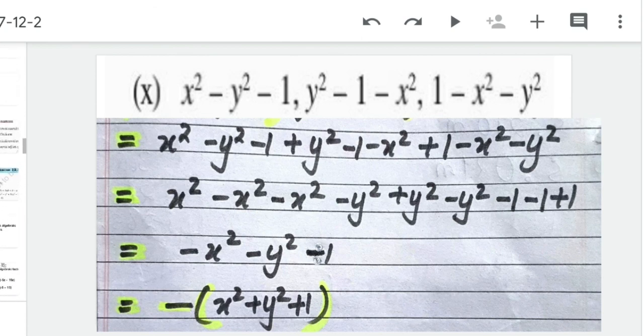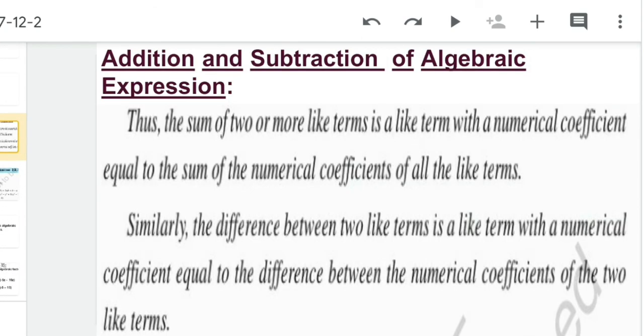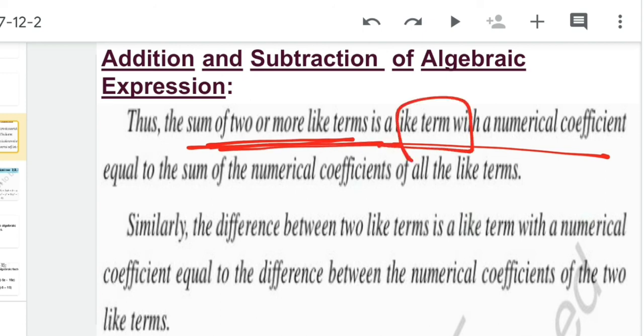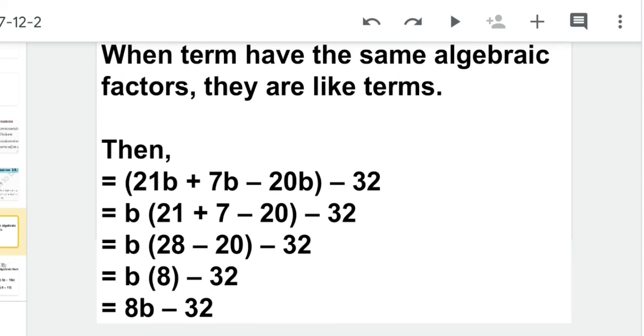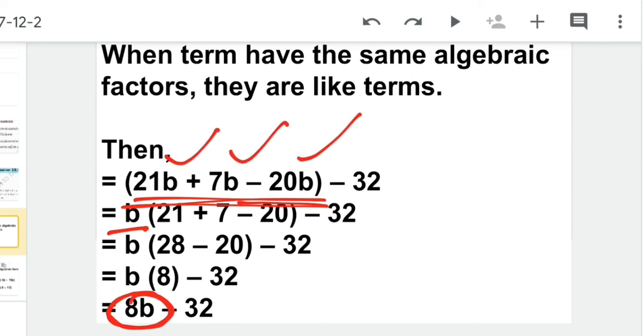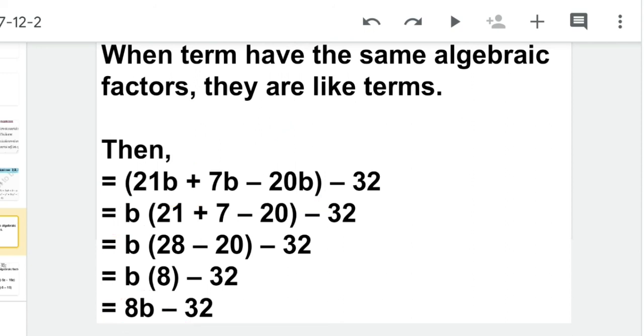The most important thing which we were discussing is now you can understand this line, that the sum of two or more like terms is a like term. As in the case here, when we added two or more like terms, the answer will be a like term. We are adding b and we get b as the answer.